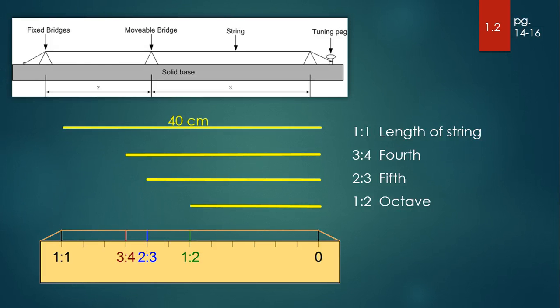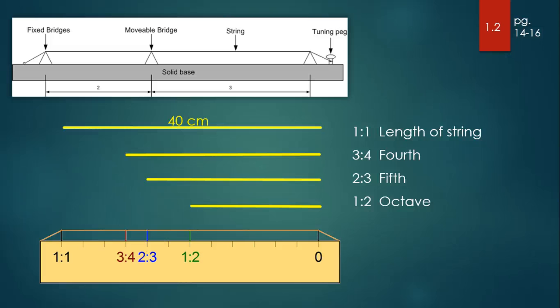So let's suppose that we have an original string that measures 40 centimeters long, and we want to play a note that is 1/4 higher than that. How can we use these ratios to determine where that movable bridge needs to be positioned? Well, in that ratio 3:4, the 4 represents the length of the original string.